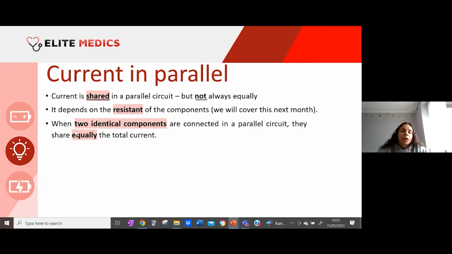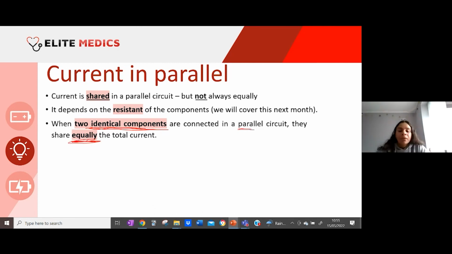So when two identical components are connected in parallel, they equally share it. I found this quite confusing when I first started learning about physics, but just remember, when you've got a circuit in parallel, you don't always share your current equally. But when you have identical components in a parallel circuit, that's when you'll share your current equally.